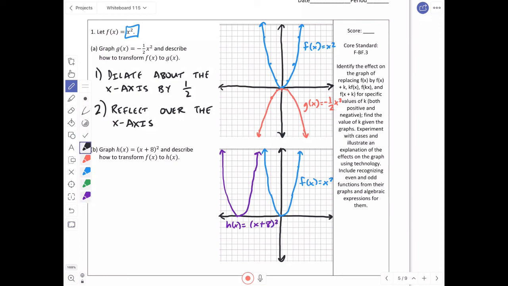So that means to get from one to the other, I would say translate 8 to the left.